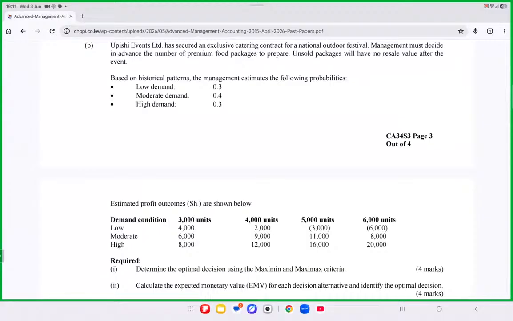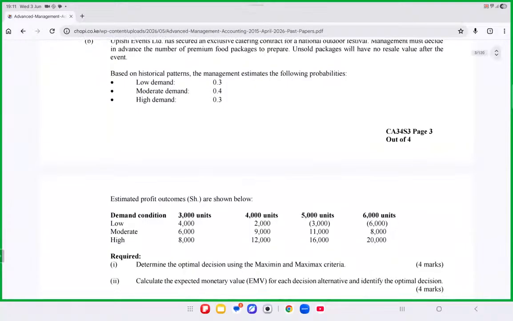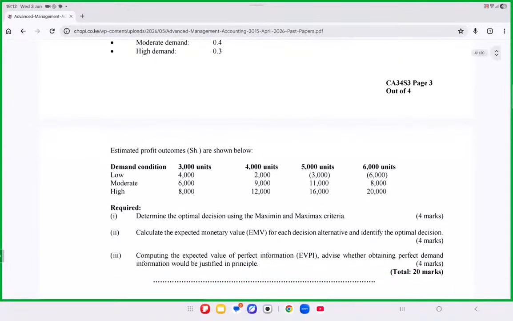Based on historical patterns, the management estimates the following probabilities. You can see we have our three states of nature: low demand, moderate demand, high demand. The estimated profit outcomes, the payoffs, are shown below. They want us to determine the optimal decision using the Maximin and the Maximax criteria.